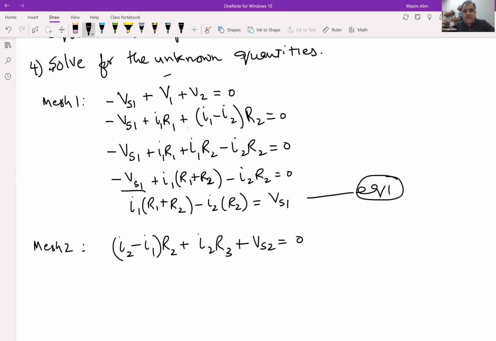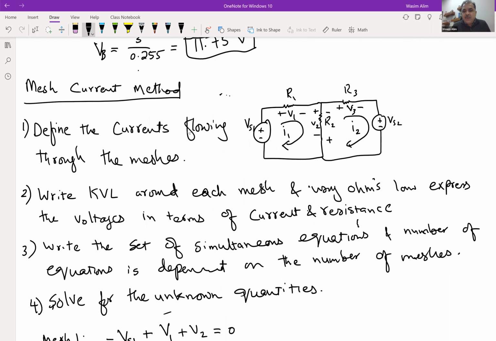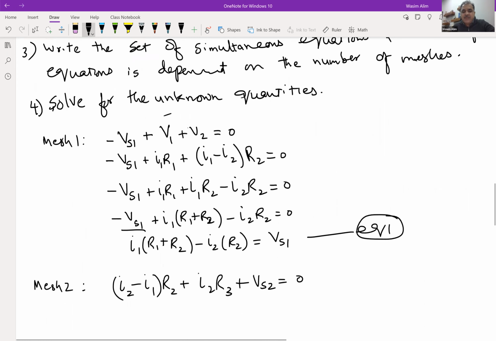So this R2 will be the difference of I2 minus I1. R3 is just a positive voltage because we enter the resistor on the positive terminal, and the way this voltage source is given, the clockwise current is going to enter the positive terminal of the battery first, so VS2 will be considered as a positive voltage. So then you have this form.